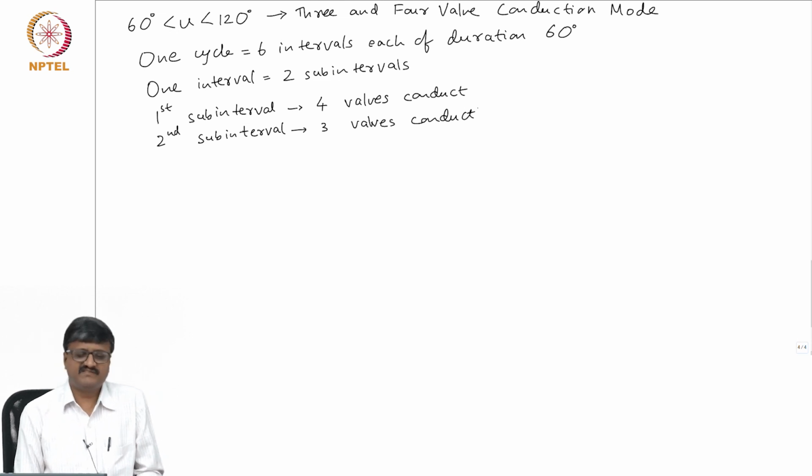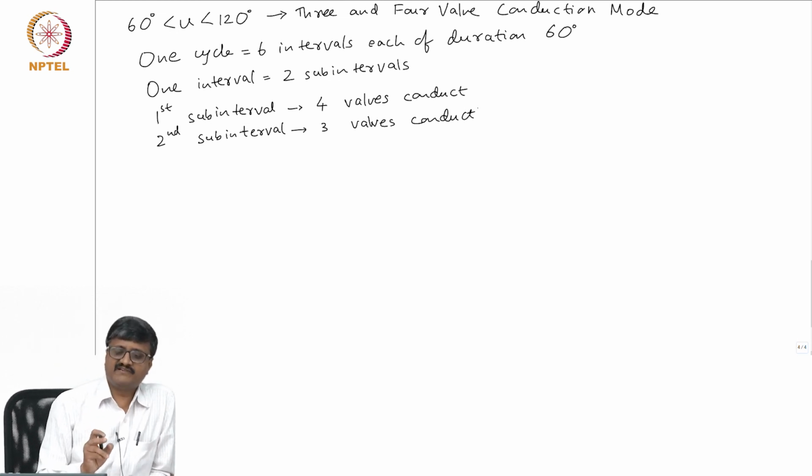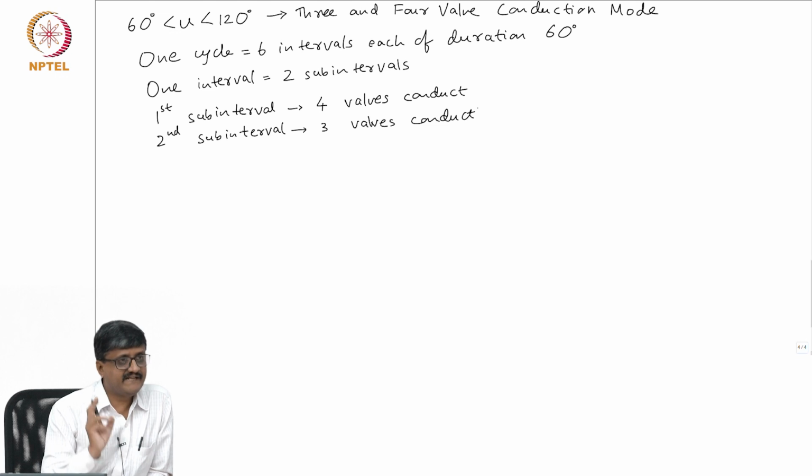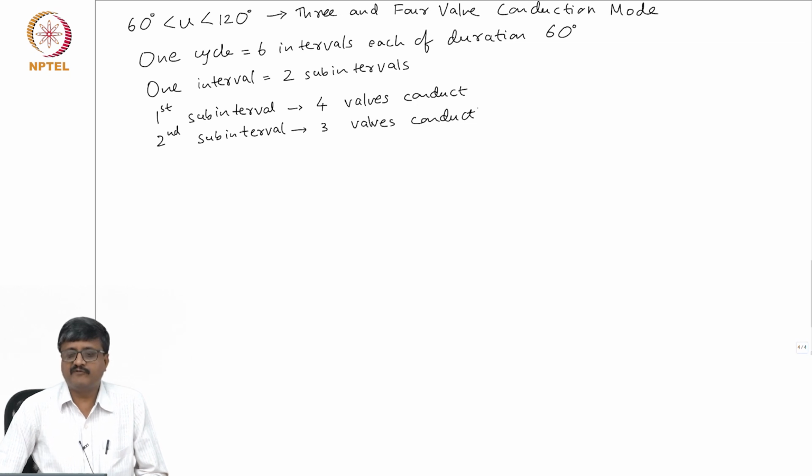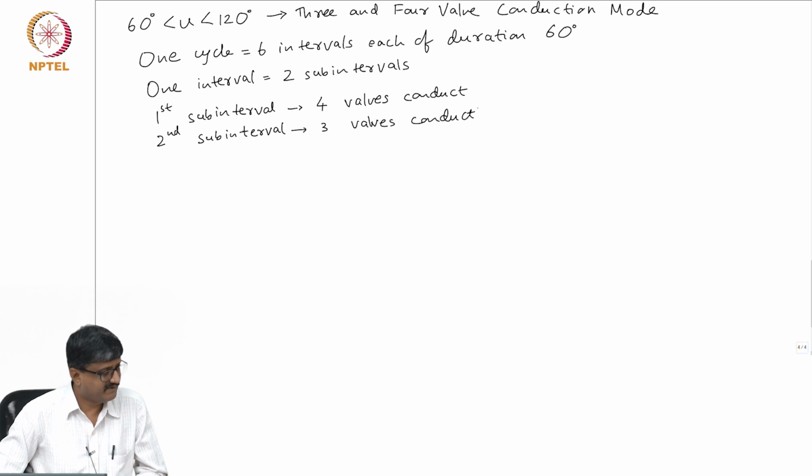See, this is somewhat similar to the definition of first and second subinterval in the 2 and 3 valve conduction mode also. In the first subinterval there were 3 valves conducting, and in the second subinterval 2 valves were conducting. Now, in 3 and 4 valve conduction we call the 4 valve conduction period the first subinterval, and the other one the second subinterval.